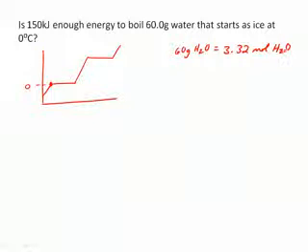Well, first, I don't need my specific heat, but I need that delta H of fusion that I used in the previous one, and that was 6.02 kilojoules per mole. All right, and so let's just look at the first step. The first thing it's going to do is melt.